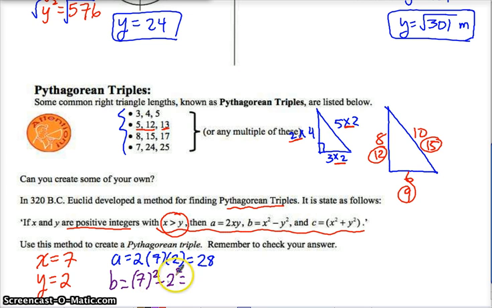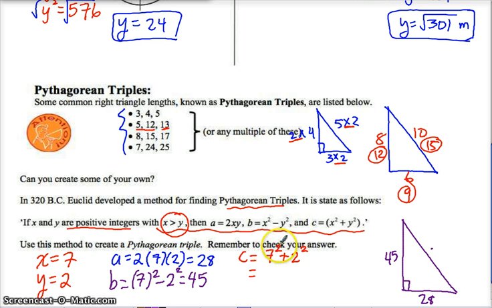So it's 49 minus 4, so b equals 45. So right now I have a triangle with a side length of 28 and a side length of 45. Now I have to find my hypotenuse. My hypotenuse is the sum of x squared plus y squared. So 7 squared is 49, 49 plus 4, so that is 53.